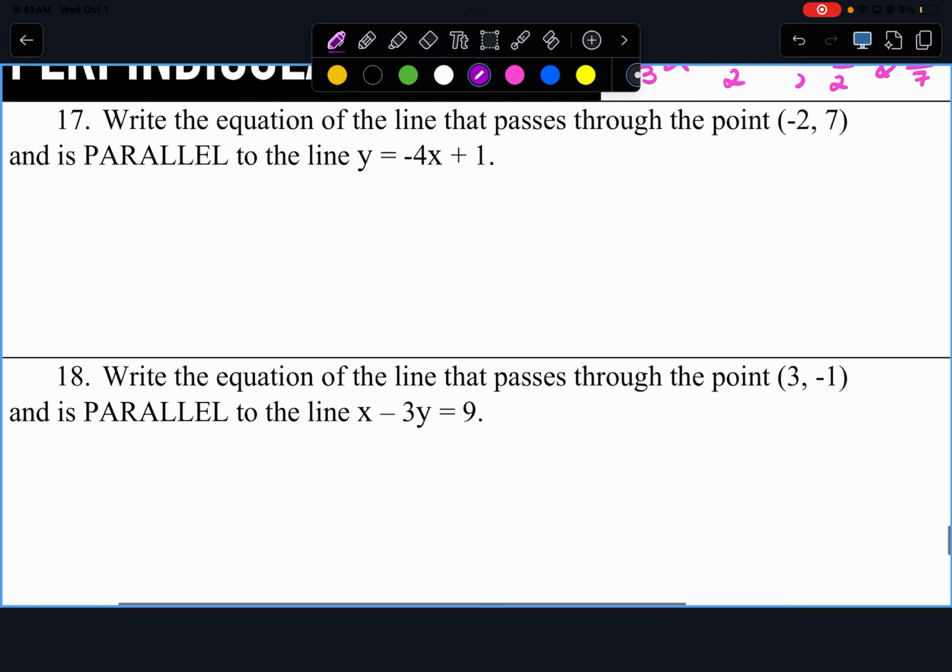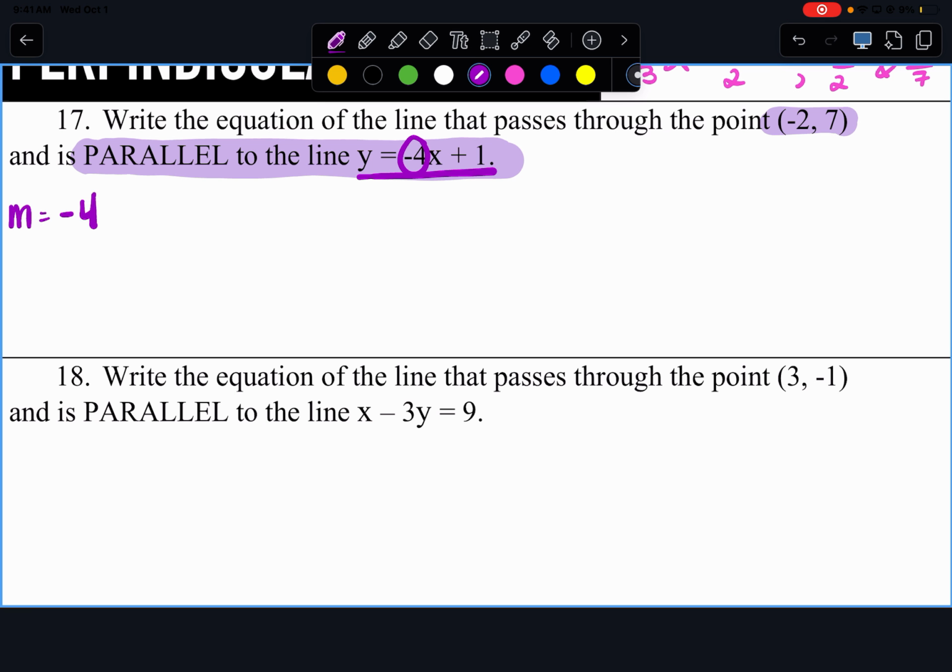So for 17, it tells us it passes through the point negative 2, 7, and it has to be parallel to the line y equals negative 4x plus 1. What is the slope to this line? Negative 4. So to be parallel to a line with a slope of negative 4, what does the slope need to be?